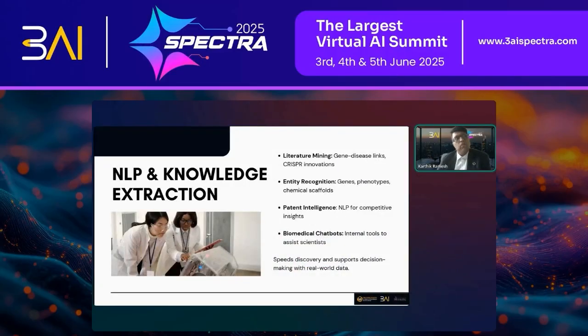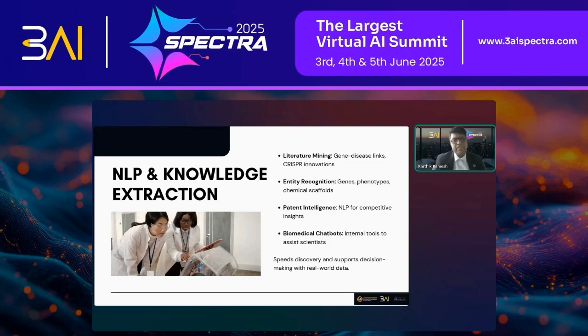We can also use this to massage the data around large research papers. These research papers, again, are very voluminous and manual in current research methods. If you have to go through, let's say, 100 papers, and each paper is talking about thousands of DNA sequences, it's going to be a very manually tiring effort. But you can use AI/ML to do the literature mining.